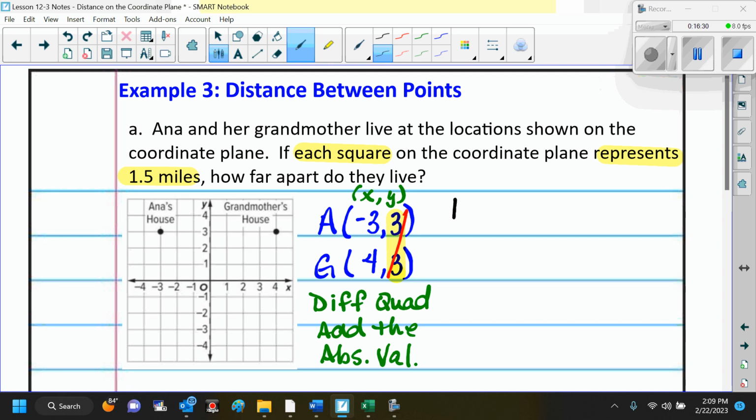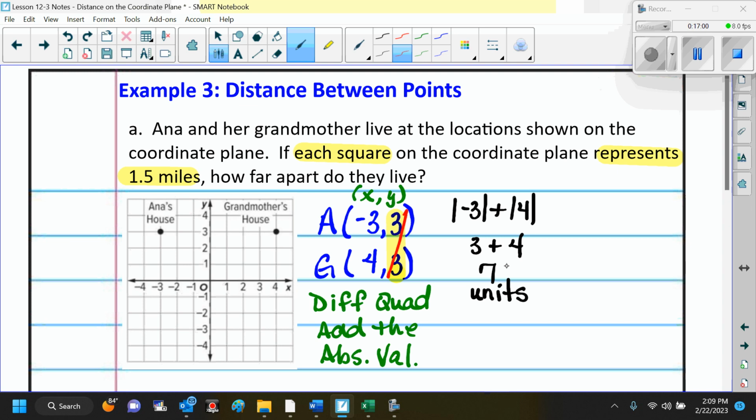So we've got the absolute value of -3 plus the absolute value of 4. So that's going to be 3 plus 4, which is 7 units. So on the graph, they are 7 units apart, okay? Now, I know that you had the graph, and of course you could just count 1, 2, 3, 4, 5, 6, 7. But if you did not have the graph, you would have to use your calculations.